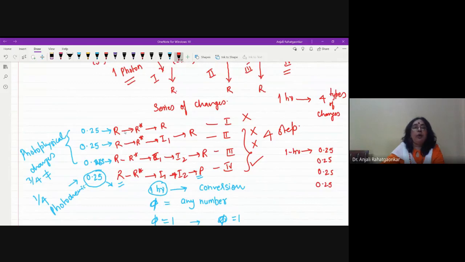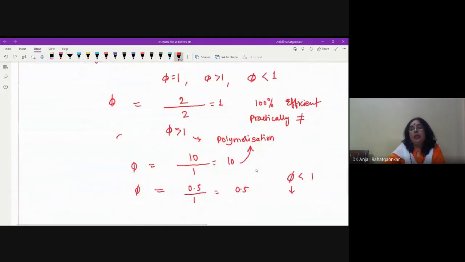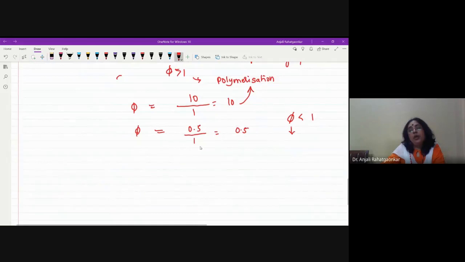So partly the energy has been wasted in the first stage, partially it is wasted in the second stage, then in the third stage. So only 0.25 energy has been utilized in the formation of the product from the reactants. It means that though we are inducing one photon, only 0.5 moles or molecules are formed, right? That is, 50% efficiency, we can say.